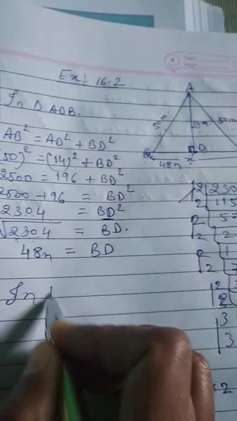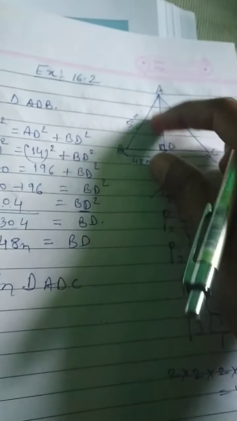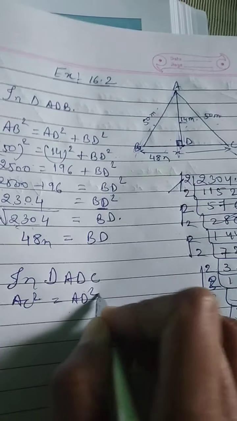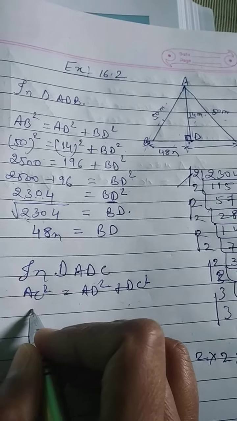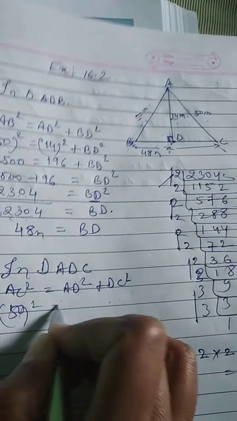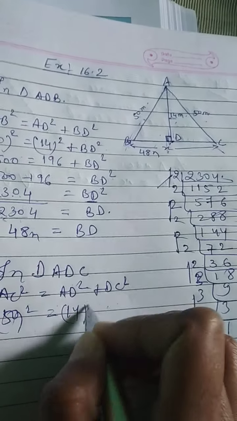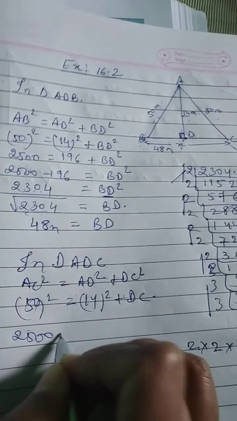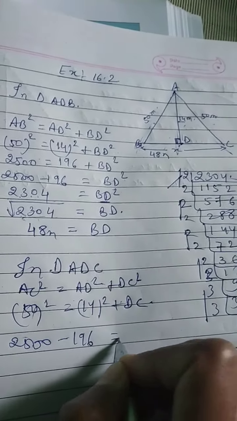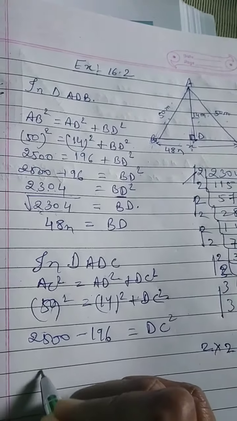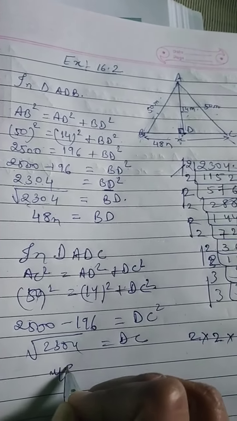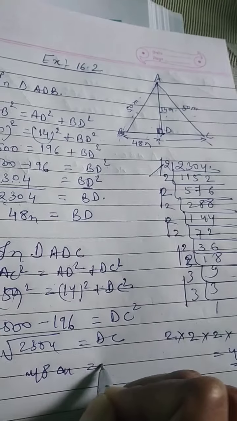So in triangle ADC, AC square is equal to AD square plus DC square, and AC is 50. Same thing. So you can write directly also. Okay. 2500 minus 196, that is DC square. So under root 2304, the same value comes again, 48 meters.